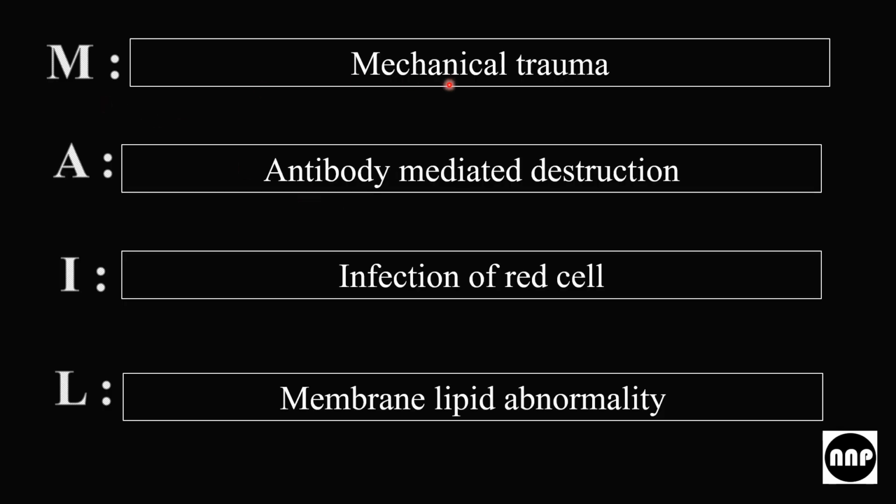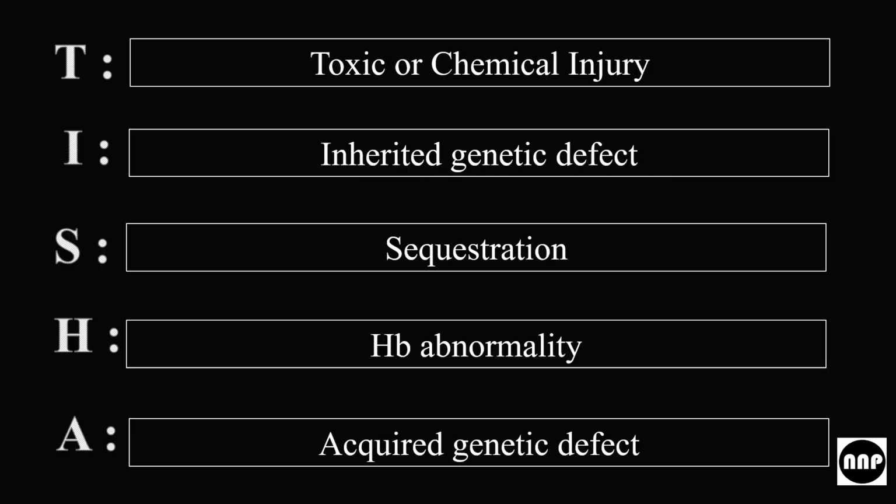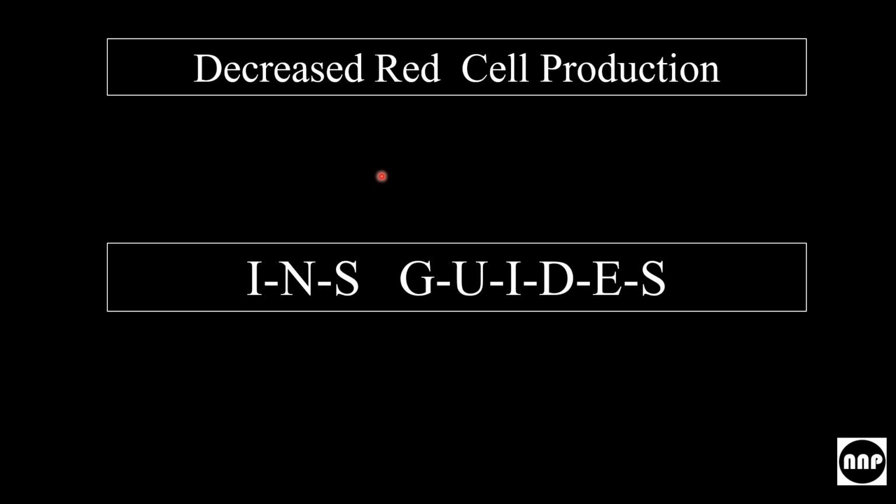M stands for mechanical trauma, A stands for antibody mediated destruction, I stands for infection of red cell, L stands for membrane lipid abnormality, T is toxic or chemical injury, I is inherited genetic defect, S is sequestration, H is hemoglobin abnormality, and A is acquired genetic defect.